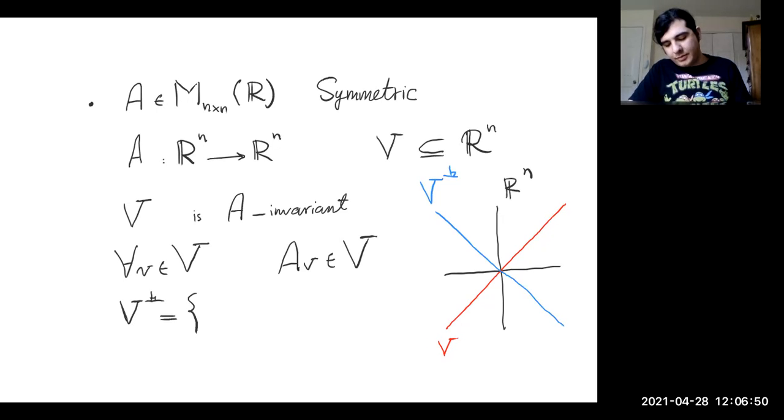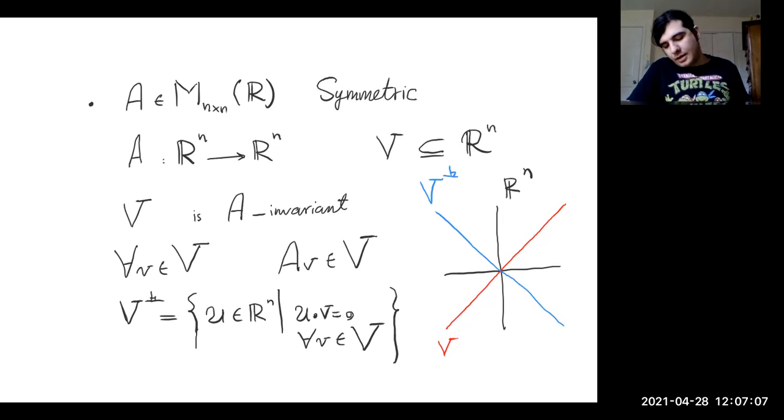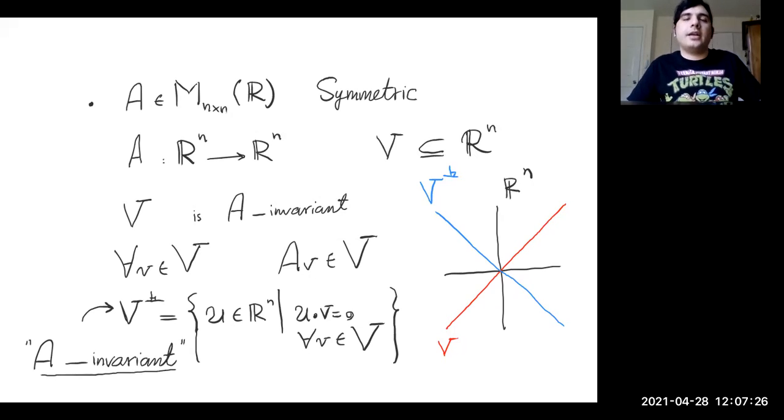It is the set of all elements U in Rn such that U is normal to everything inside V. So the inner product of U and V is 0 for any vector V inside this subspace V. Now, the lemma is that this new subspace V perp is also A invariant. If V is A invariant, the normal subspace is also A invariant.